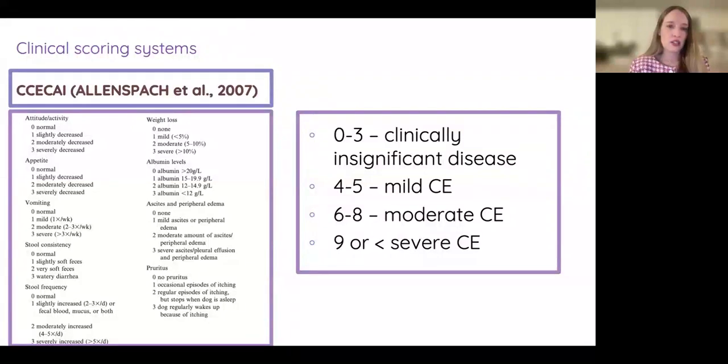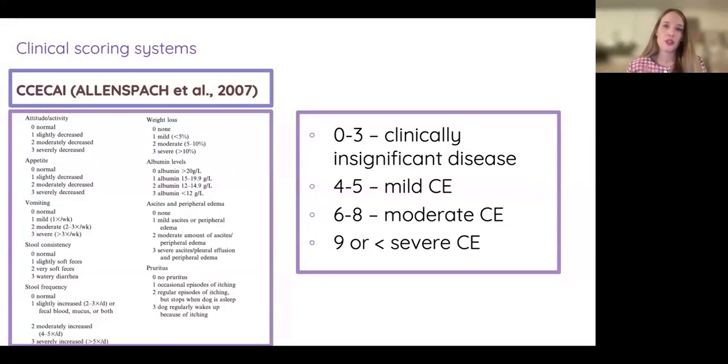Those are the clinical points that you're going to evaluate and give the scoring. Normal would be 0 and 3 would be the more severe presentation. So the higher the score, the worse your patient is.